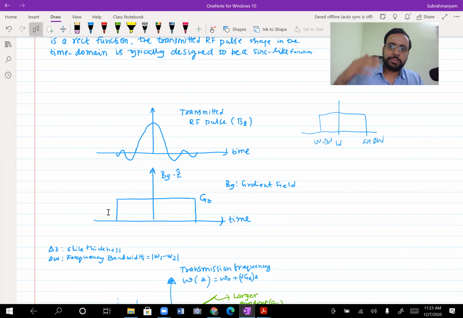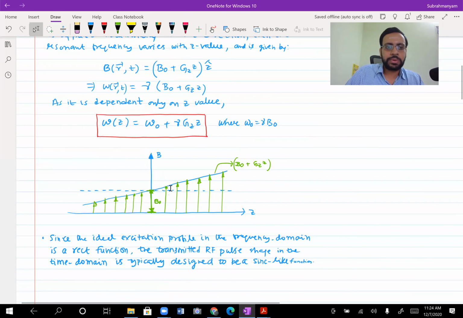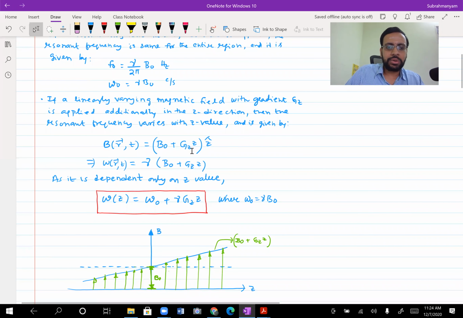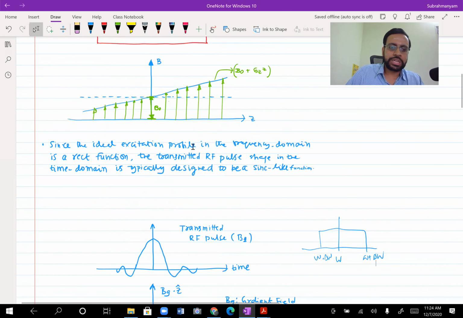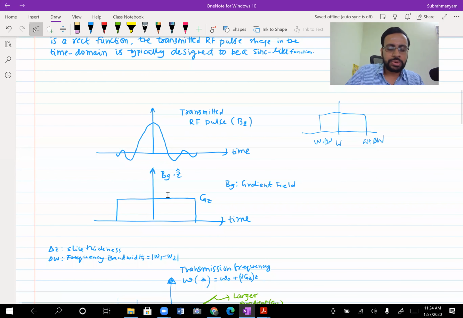B naught is anyway a constant field, nothing changes over time. When it comes to the gradient coil, which is applied in the Z direction, it would look like this, ZZ into Z, spatially.